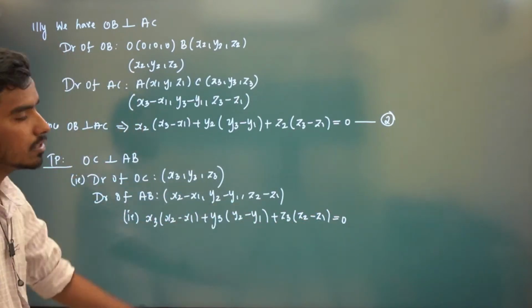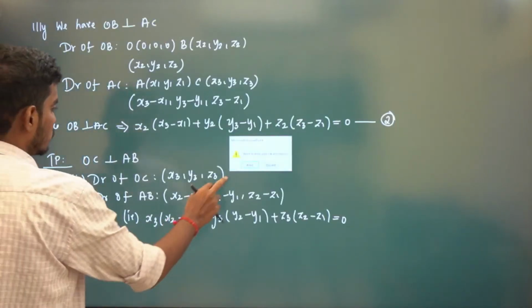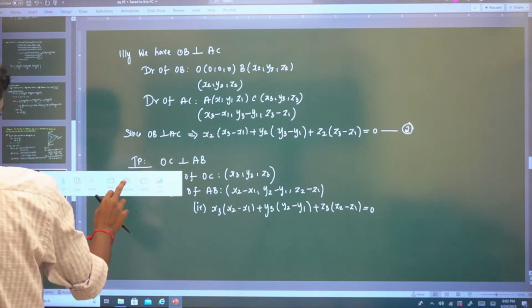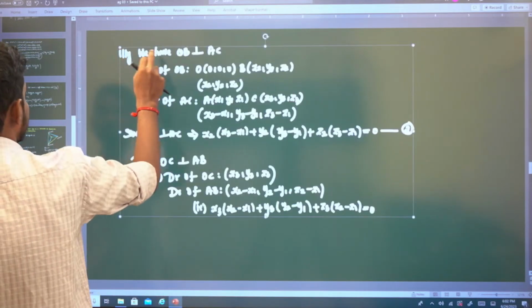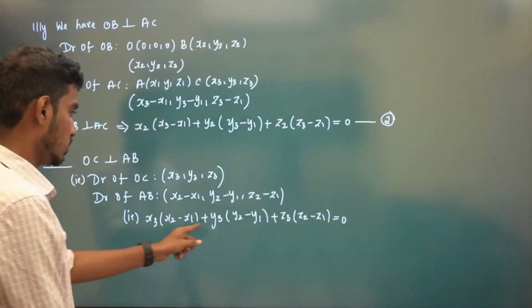Okay, so we have 1 and 2. I'm just going to add 1 and 2, and we need to prove this is equal to 0.